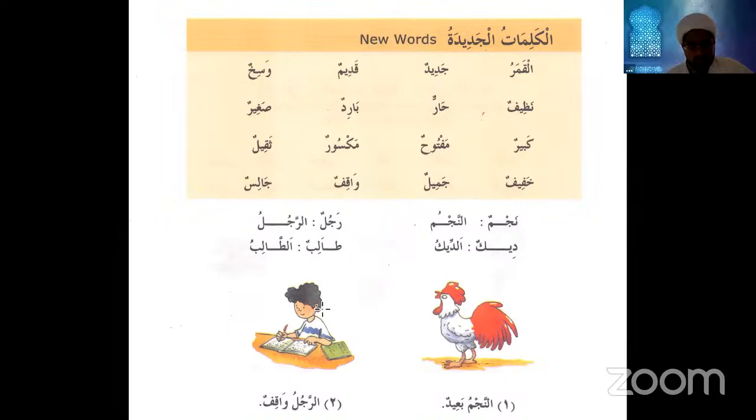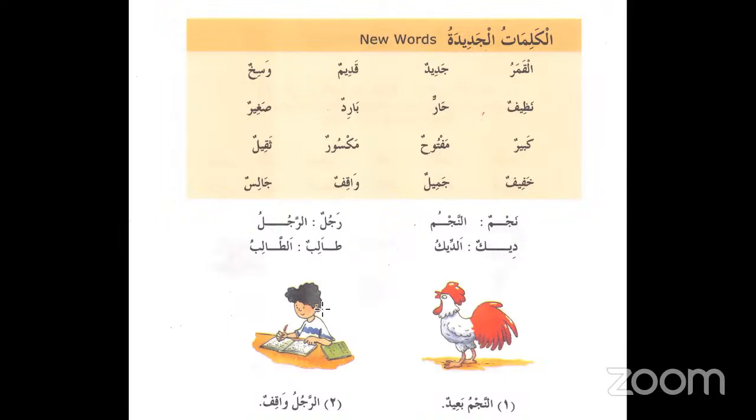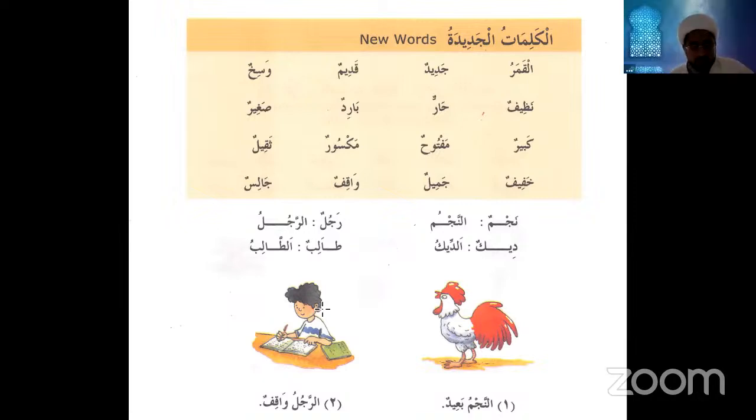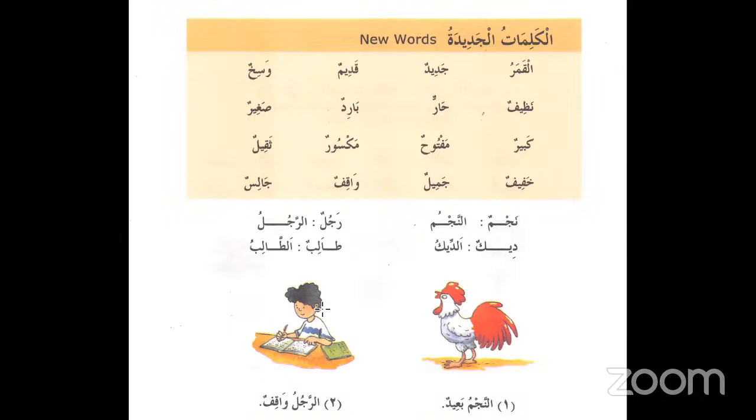Baridun, cold. Saghirun, small. Kabirun, big. Maftuhun, open. Maksurun, broken. Thaqil, heavy. Khafifun, light. Jamilun, beautiful. Waqifun, standing. Jalisun, sitting. Jazakallah khair.